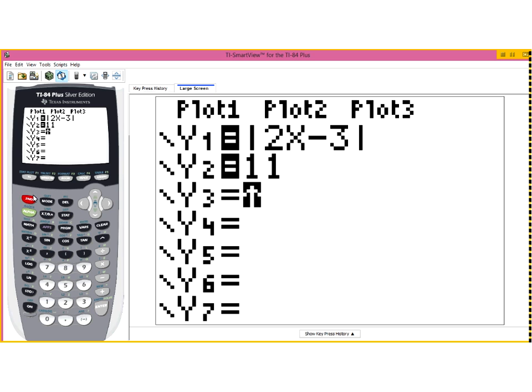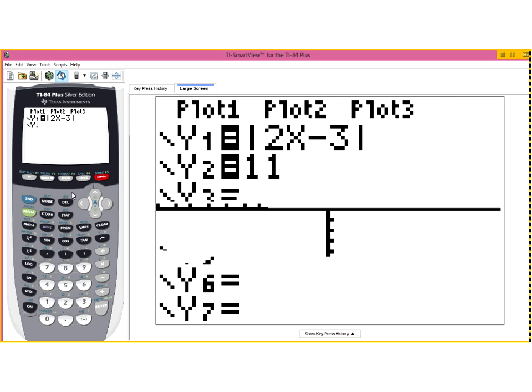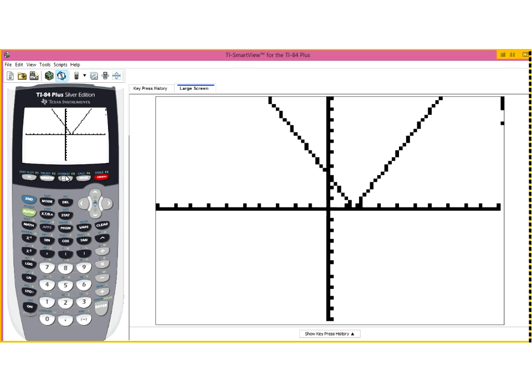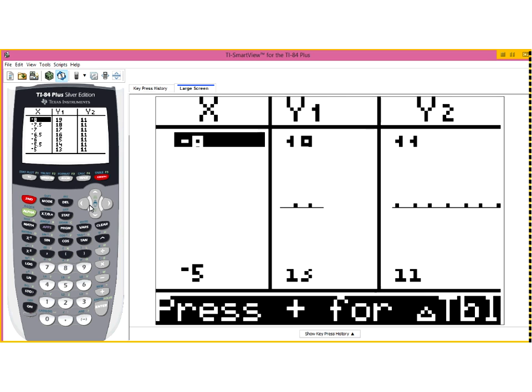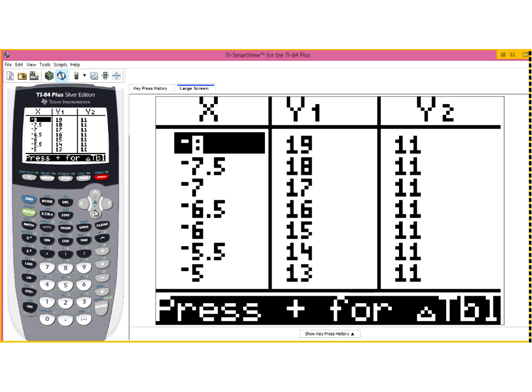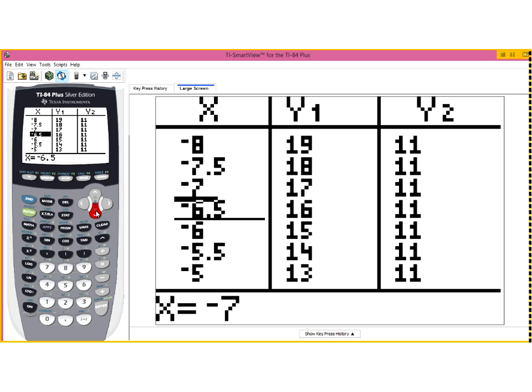Now, when I graph, I'm not going to see the line 11 because my window is from -10 to 10. So I'm going to graph. And we don't see the upper part, the line y equals 11, because it's off the screen.